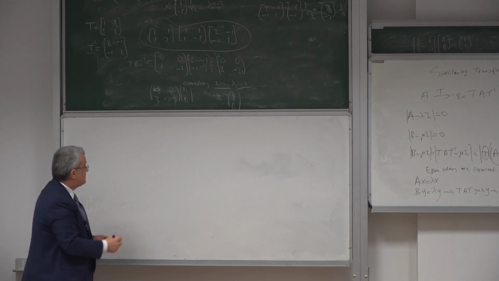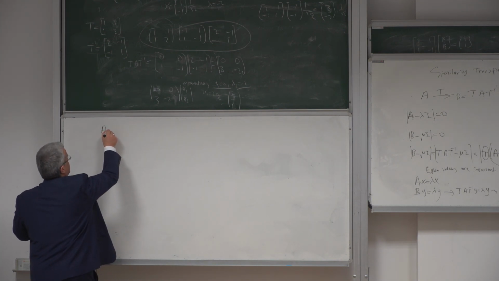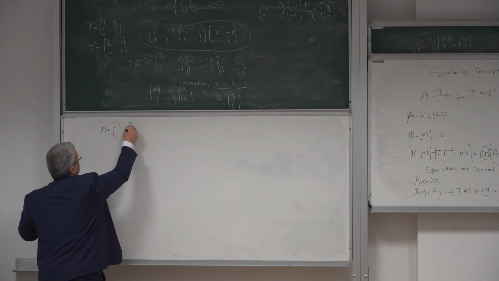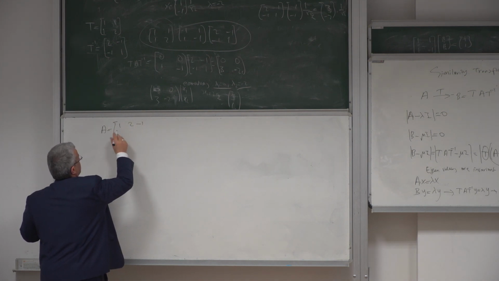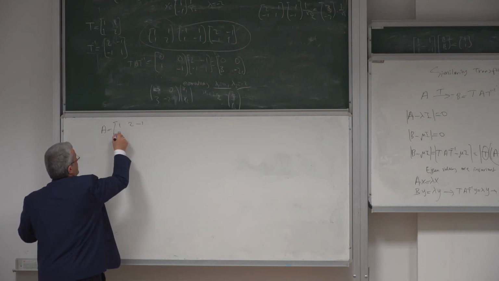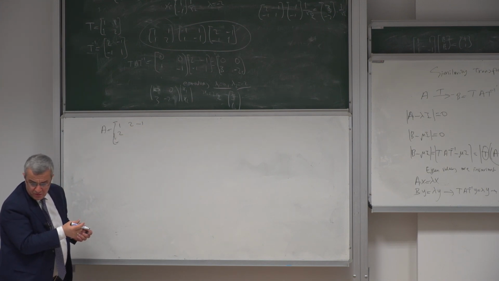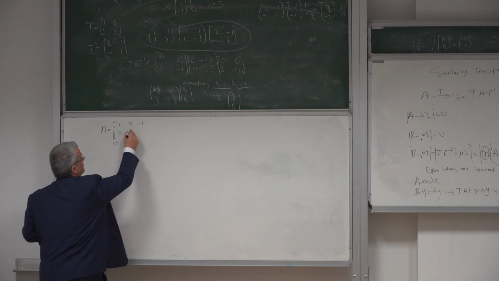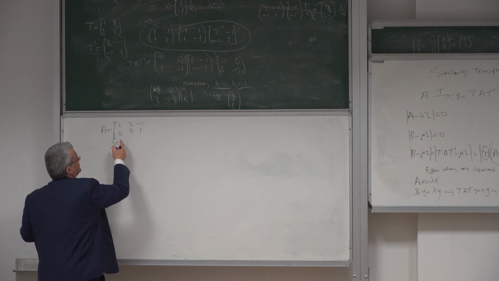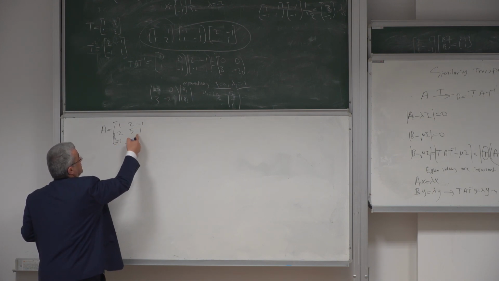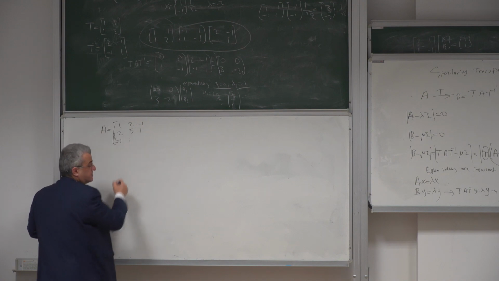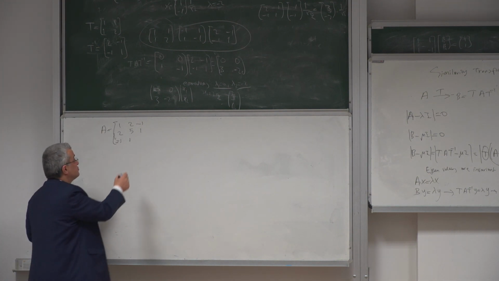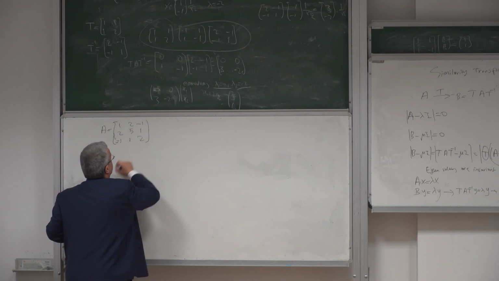Let's say we have a matrix A is equal to 1, 2, -1. Of course, a Hermitian matrix. 2, 5, 1. Then this is -1. This is 1. And this, let's say it's 2. Okay?